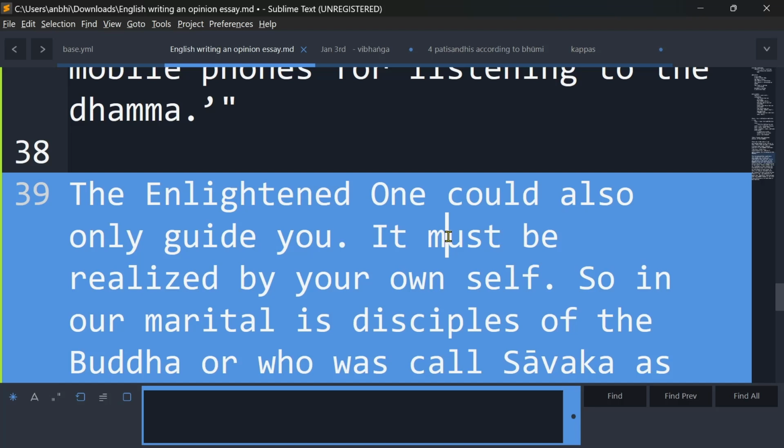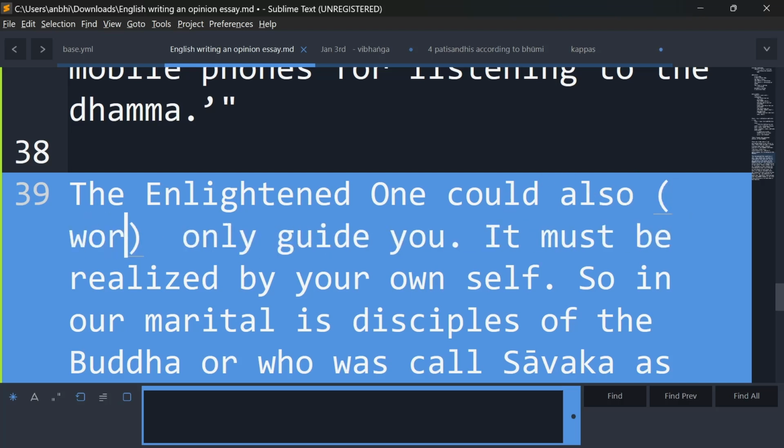Okay, the enlightened one could also only guide you. Just like he wants to say, he could only guide you. He cannot do it for you. This is what he's going at. The enlightened one could also only guide you.